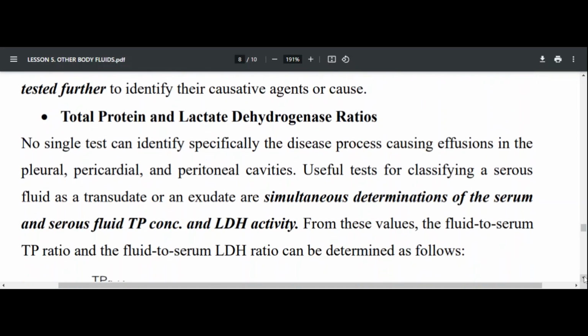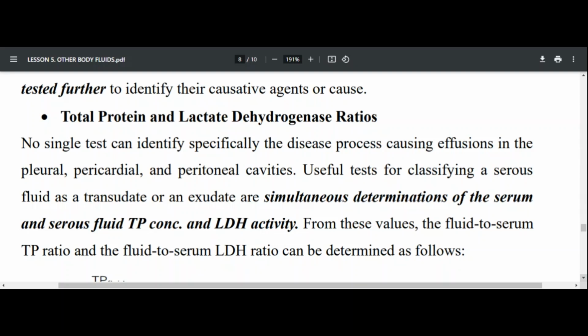However, we can use fluid tests to classify effusion fluid as a transudate or exudate, in fact done together with determination of serum and serous total protein concentration and LDH activity. So we must have both of them together: serum and effusion fluid total protein concentration, as well as lactic acid dehydrogenase, in order to classify them accordingly.